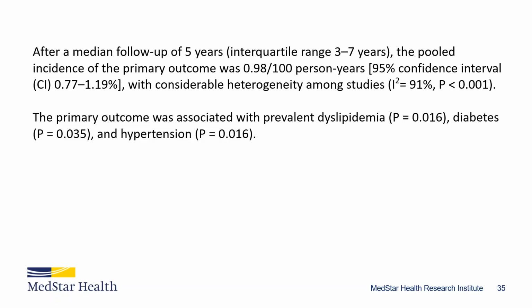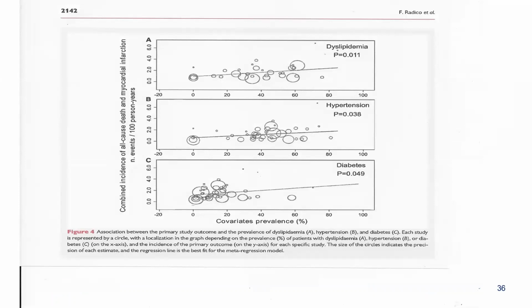So in doing the meta-regression, this is the kind of plot that you'll often see to show the association between the prevalence of the covariate and, in this case, the incidence of the composite outcome, all-cause death and MI. The straight line is the regression line, and the circles are sized according to standard errors.